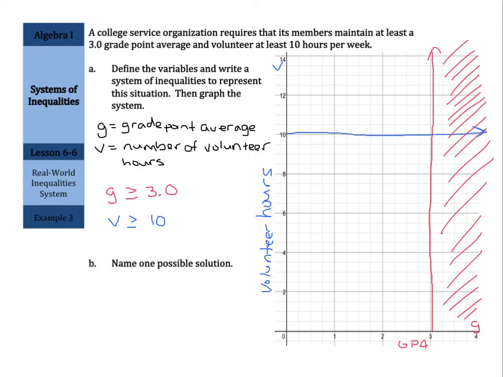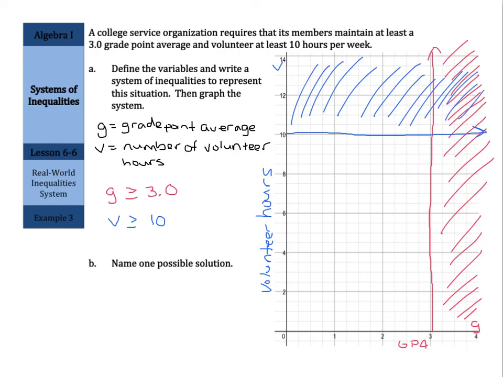And we want at least 10, so we're going to be 10 or larger. And we can finish our system now by shading in where they both are true, which is up here in this green box.